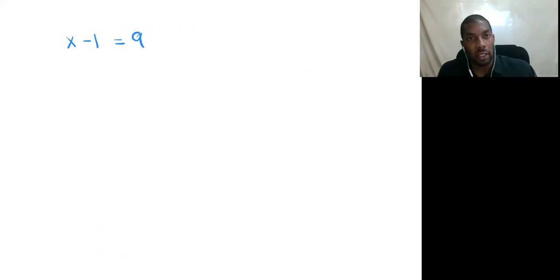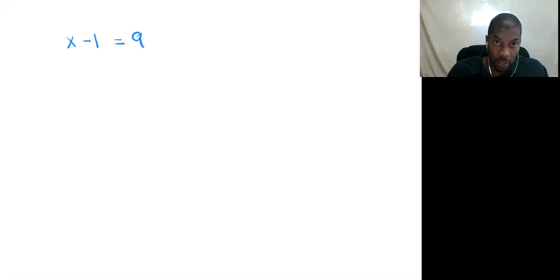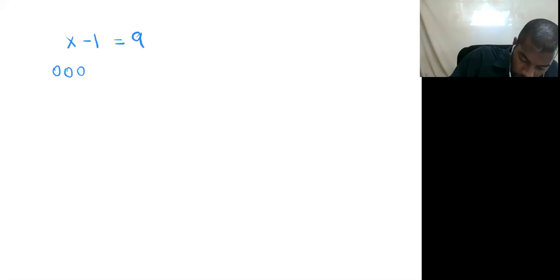So here's what that looks like. Let's say you have the equation x minus 1 equals 9. It's very easy to see that x minus 1, something, and you take away 1 equals 9, right? There's a couple ways you could do this. You could say, all right, look, 1, 2, 3, 4, 5, 6, 7, 8, 9.